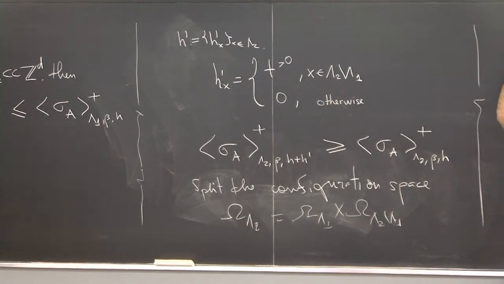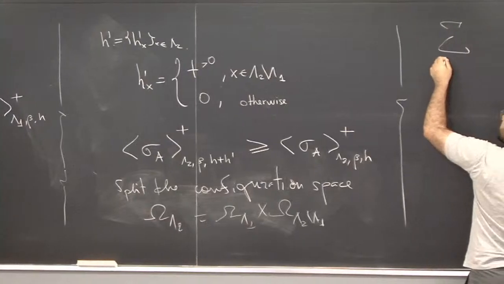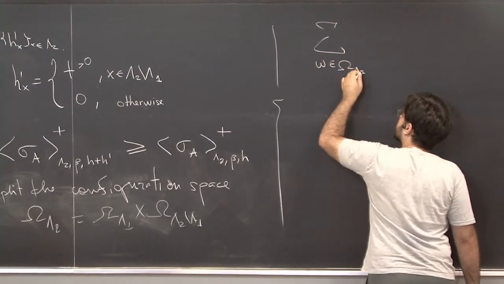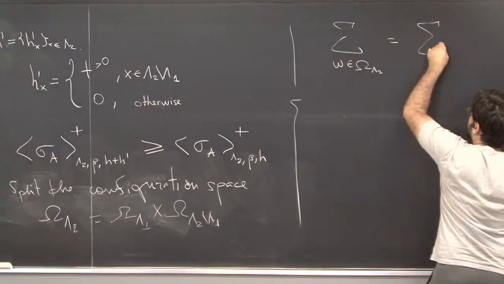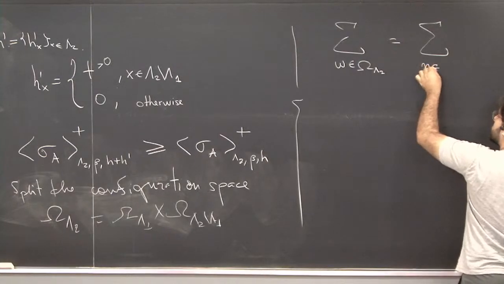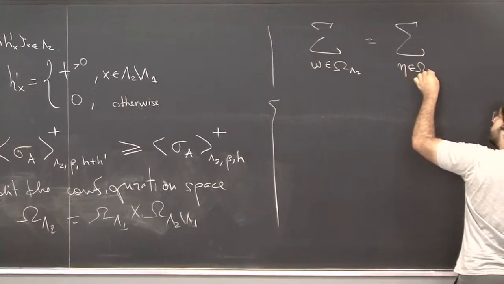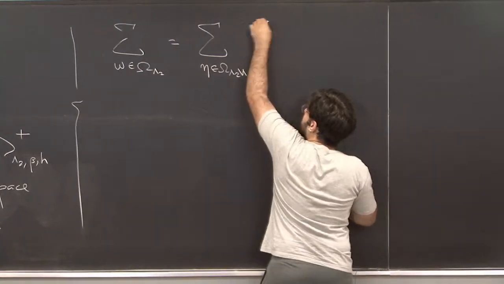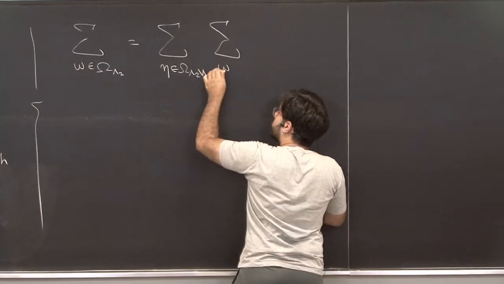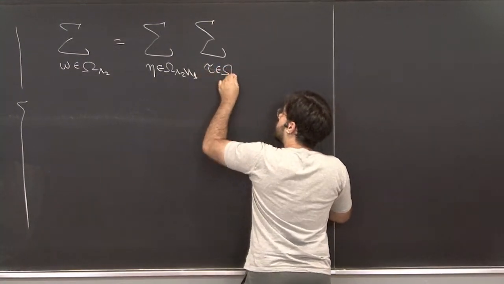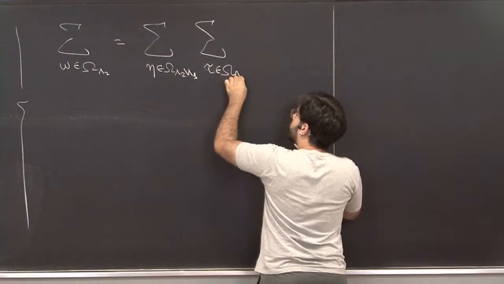Doing this, we can write the sum over all the configurations as a sum over all the configurations, say eta, over the remaining set, and a sum over all the configurations, let's say tau, over lambda 1.